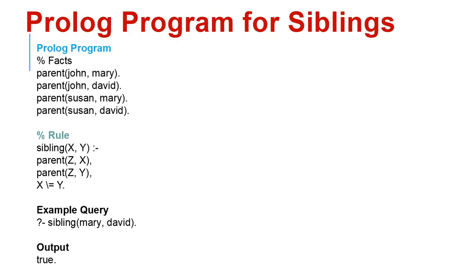So this is the rule. X not equal to Y, and Z is the parent of X and Y, then we can say X and Y are siblings.